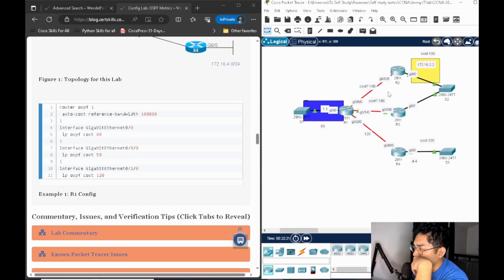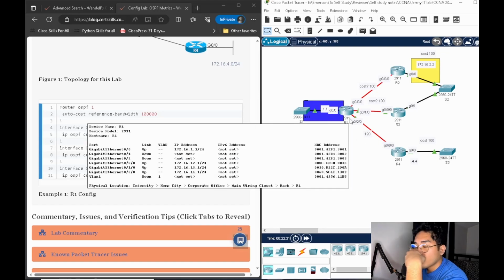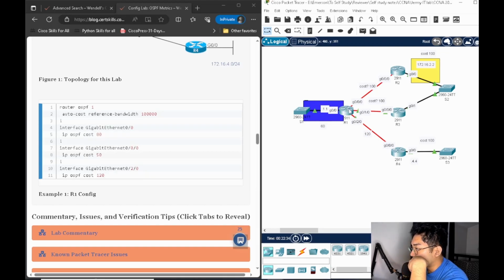Since there's only one way to 1.1, there's no chance that it uses another route or another interface to go to 1.1, so the total will be 180.